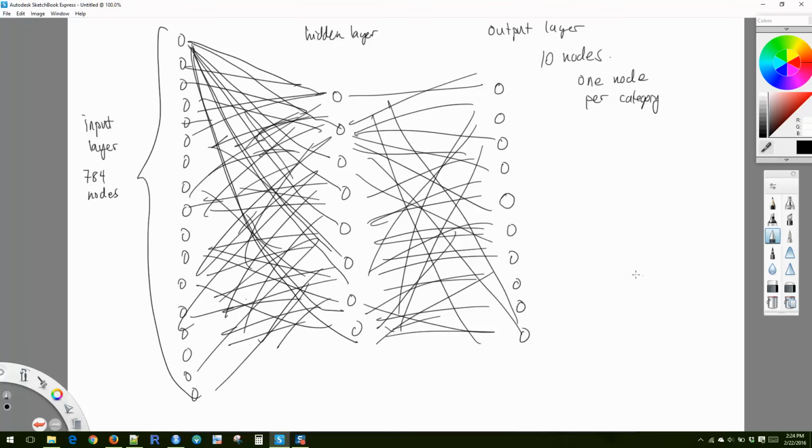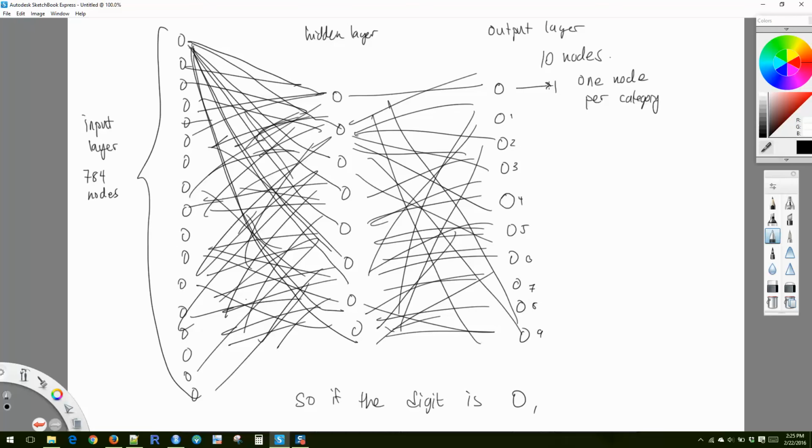If the digit is 0, then our output will be 1 associated with the first node. This will be our 0, and this will be our 1, 2, 3, 4, 5, 6, 7, 8, and 9.